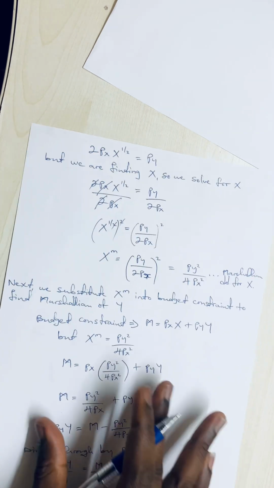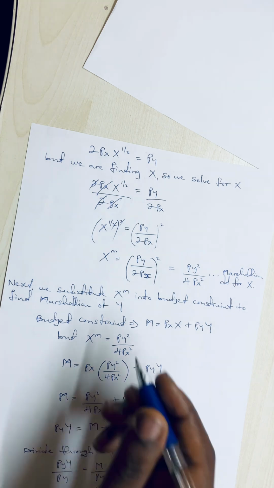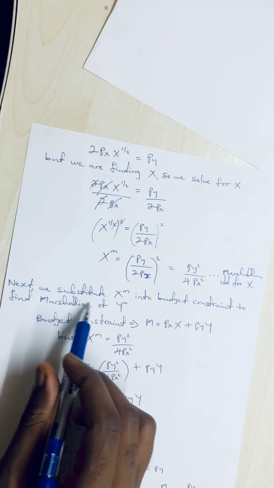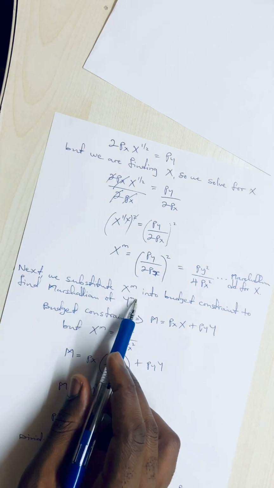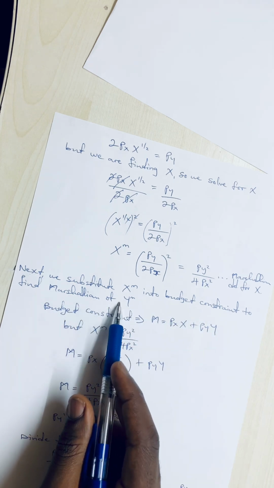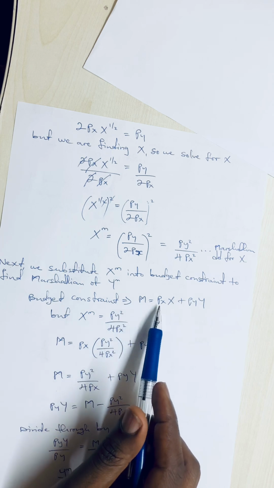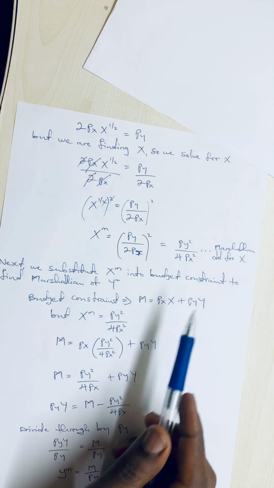We are not complete yet, so we want to derive the Marshallian of y. Next we substitute x Marshallian into the budget constraint to find the Marshallian of y. The budget constraint is m equals px x plus py y.